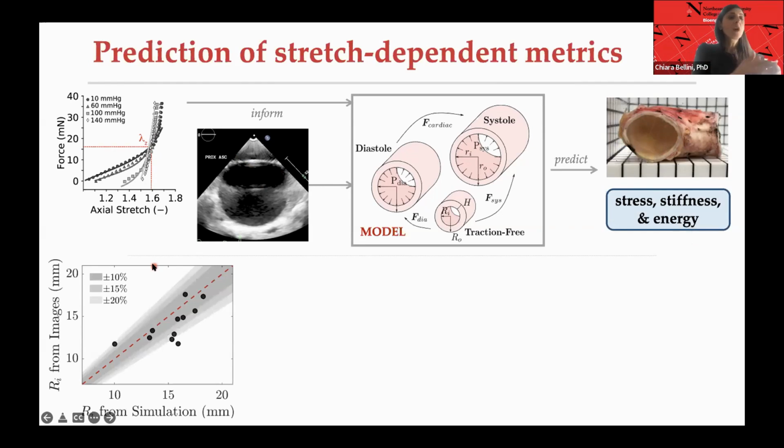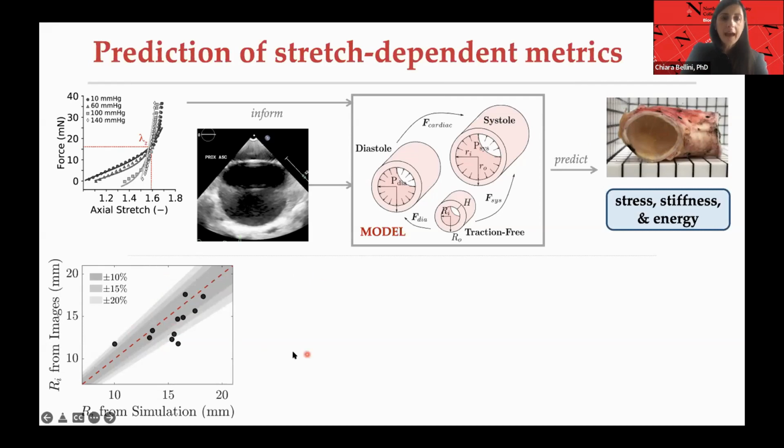To validate our model, we first compare predicted diameters in the traction-free configuration with diameters measured from a few excised aortas, like the one shown here on the top right, finding that most predictions fall within 15% of the experimental values, which are the darker gray shaded area in this plot.